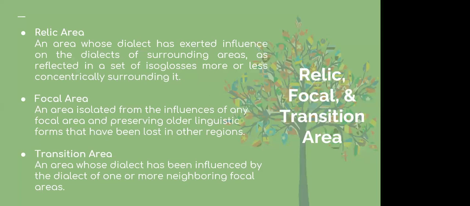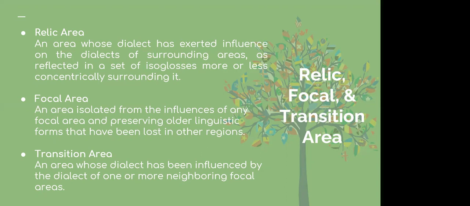So there's also the relic area. It is an area whose dialect has exerted influence on the dialects of surrounding areas, as reflected in a set of isoglosses, more or less concentrically surrounding it. And then next, there's a focal area.